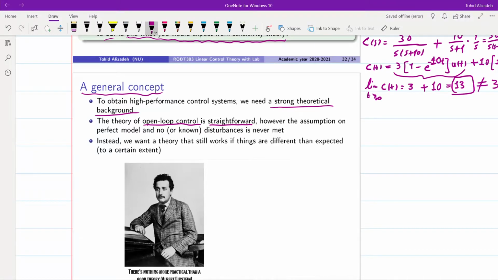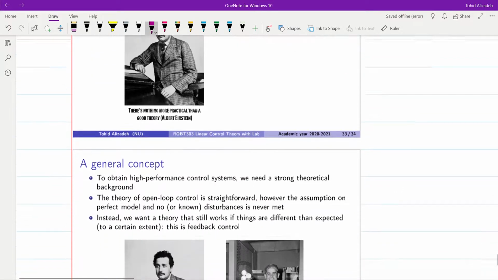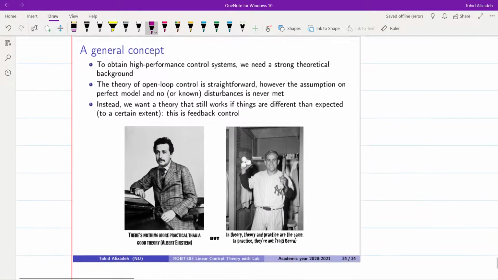Designing the open loop controller is easy, but the assumptions of a perfect model of the system and absence of disturbance are never met. So we cannot simply use the open loop controllers. Instead, we want a theory that still works if things are different than expected. So there are disturbances and we don't have the nominal model of the system in practice.